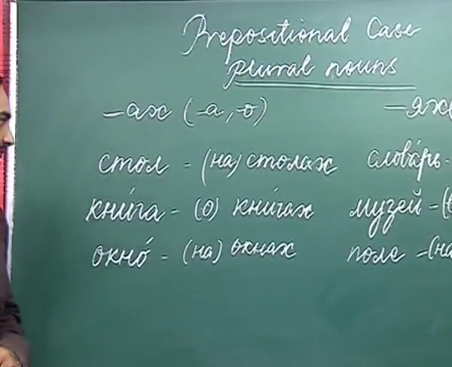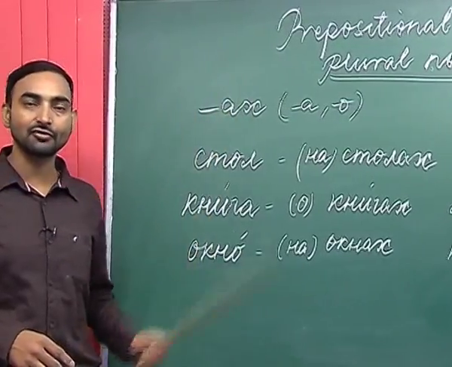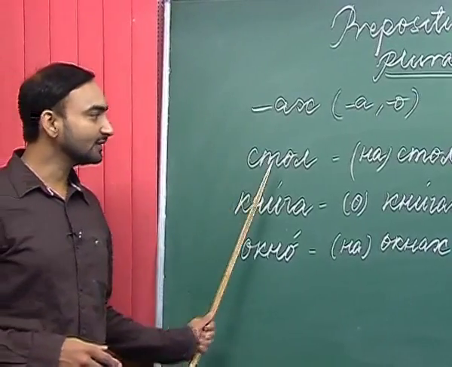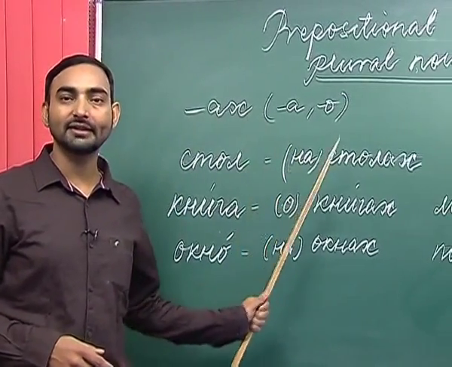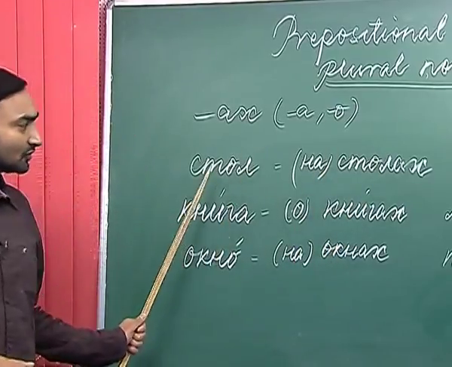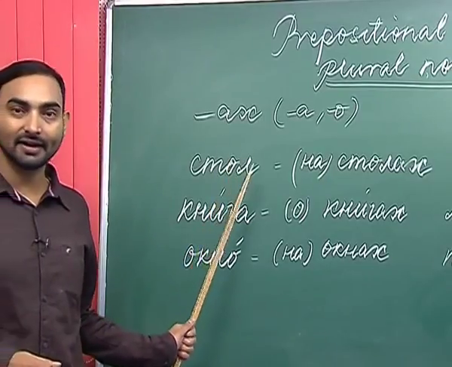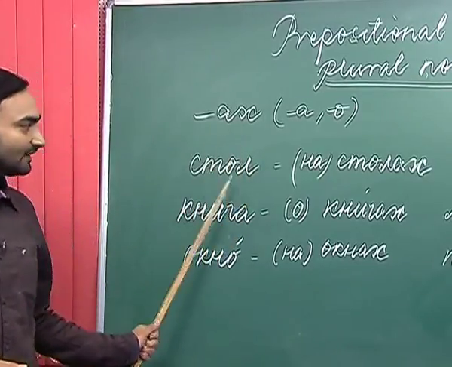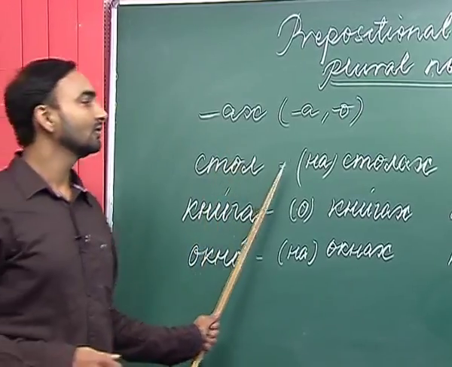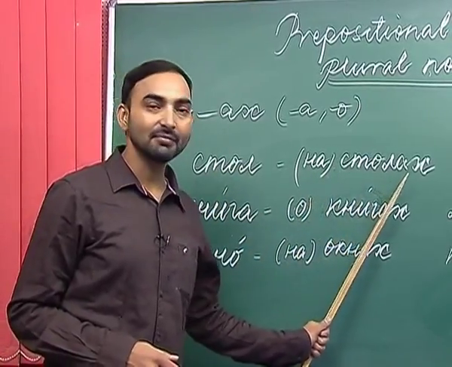For example, let us take the hard ending nouns first. Stol, stol is table. So, what is the plural form of stol in the prepositional case? Stol, na stolach. So, here stol is a hard ending noun, which means it ends in a hard consonant, which is l. So, it has become stolach.